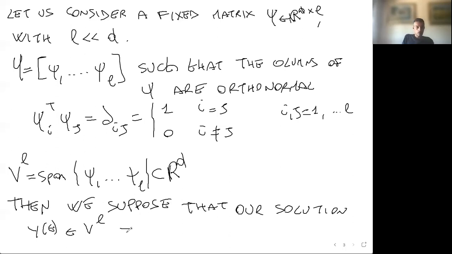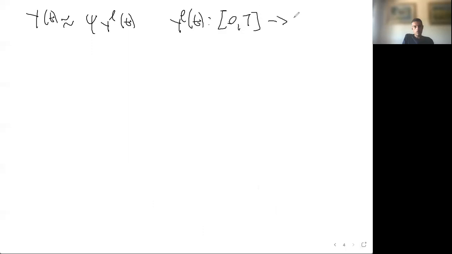In other words, we suppose that y of t can be approximated by psi times y_L of t, where y_L of t is a function from (0,T) to R^L.